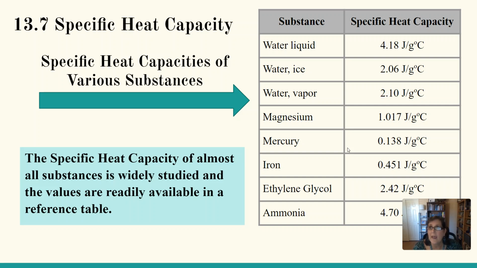Again, the joules it takes to raise 1 gram of that substance by 1 degree. So liquid water is different from ice, which is different from water vapor or steam. And then we have some metals, magnesium, mercury, iron. We have another liquid, ethylene glycol, and ammonia in this chart. So specific heat is a constant, and it's how much energy it takes in joules to raise that substance 1 gram by 1 degree.